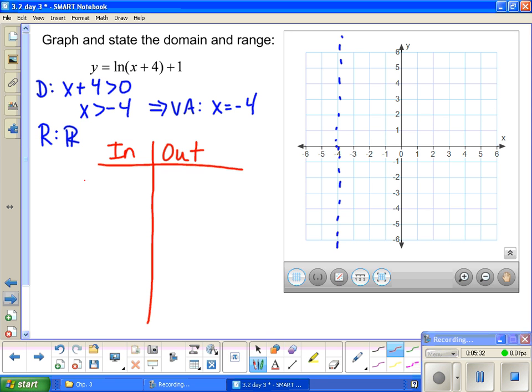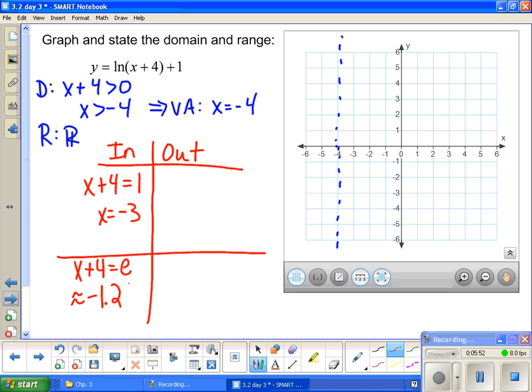Again, I want my input of x plus 4 to equal 1, so x will equal negative 3. And I want my input of x plus 4 to equal the base, e. e to the first minus 4 is approximately negative 1.282.